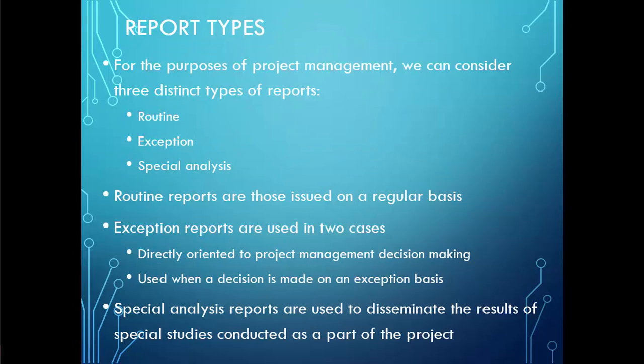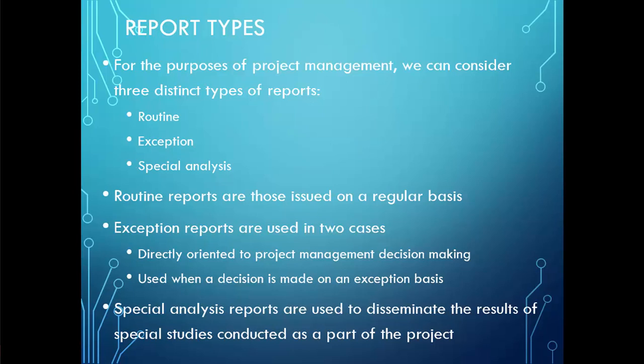There are three distinct types of project management reports: the routine, exception, and special analysis. For the routine reports, they are those reports that are issued on a regular basis. The exception reports are useful in two cases.